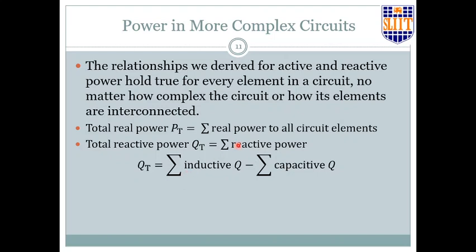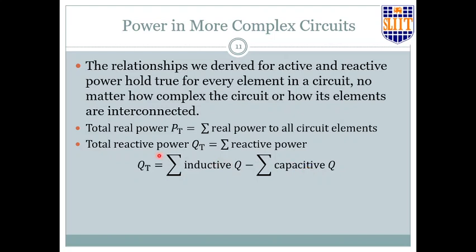So in that case, real power, we know that all the real power components are positive. But for reactive power components, if it is a capacitor, it is negative, and for an inductor, we treat it as a positive reactive power. So this same equation can be rewritten, taking into consideration that inductive reactive power is positive and capacitive reactive power is negative.